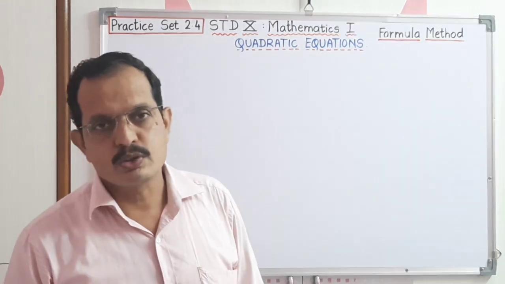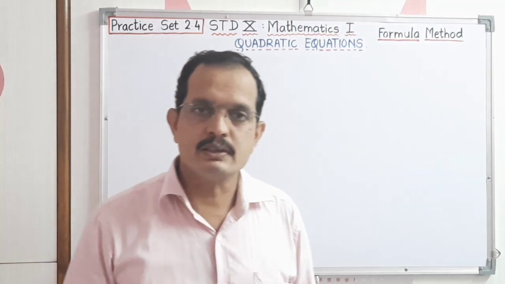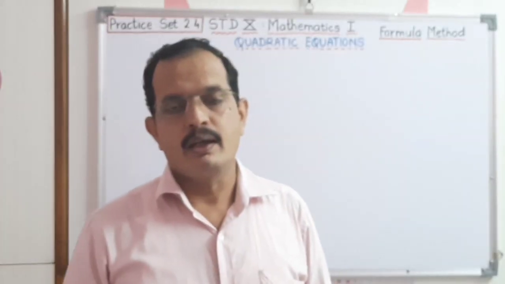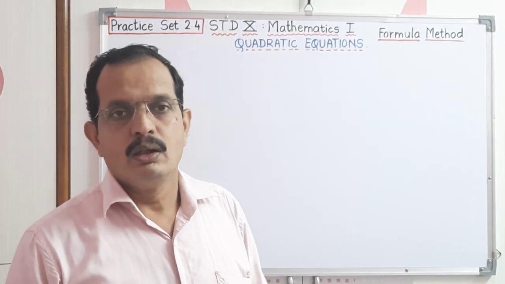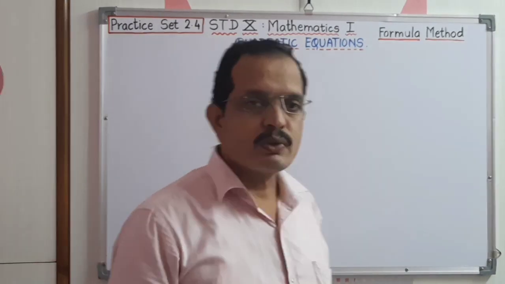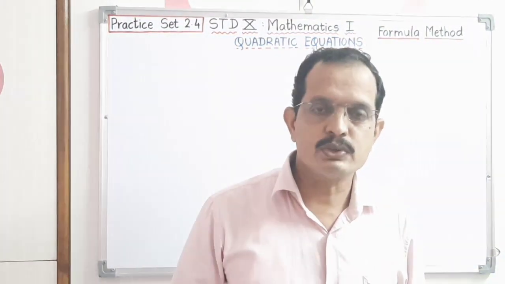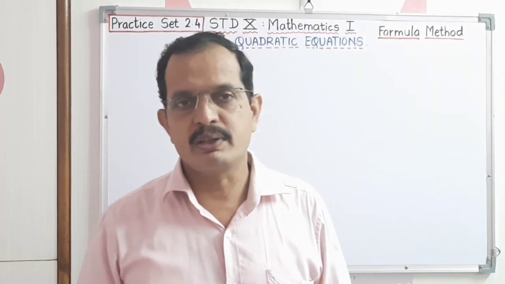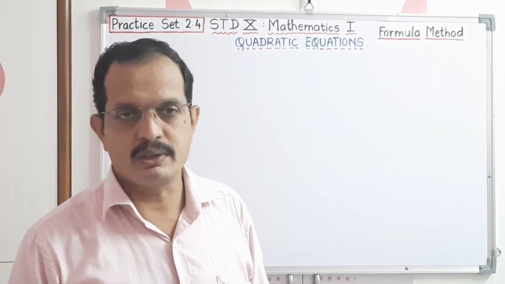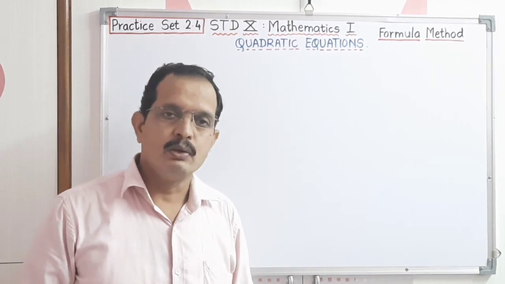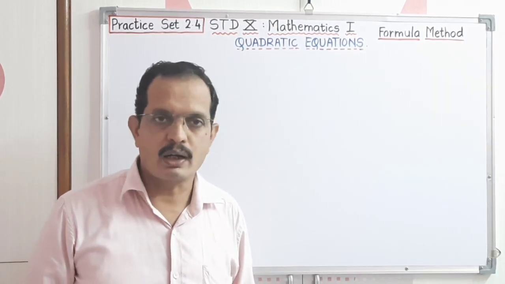But because of COVID-19, some part is omitted this year, and the completing square method is omitted for this year. Therefore, we have to start with another method, that is the formula method. Let's start with the formula method to find out the roots of a quadratic equation.